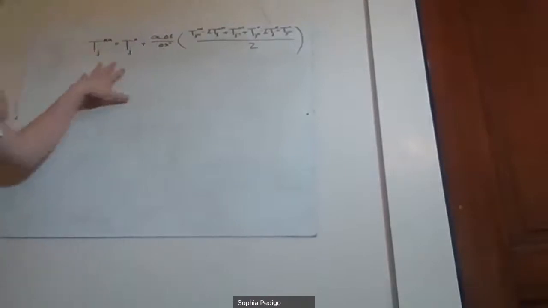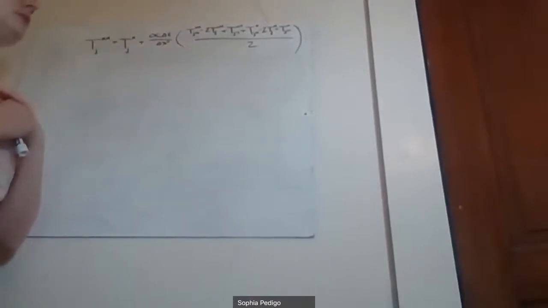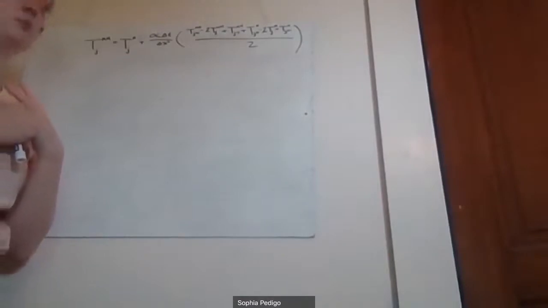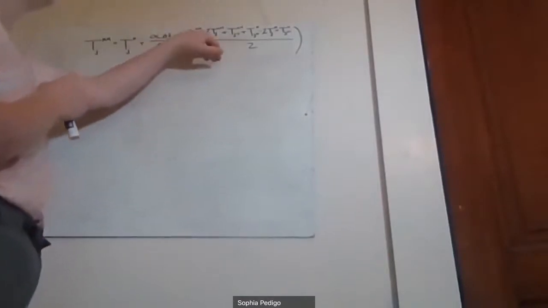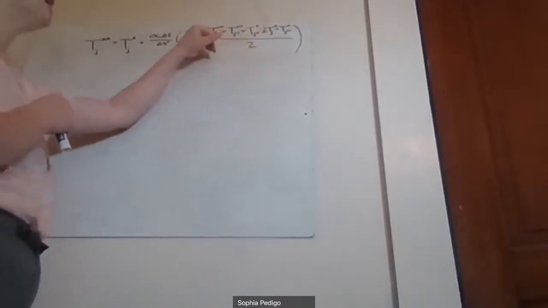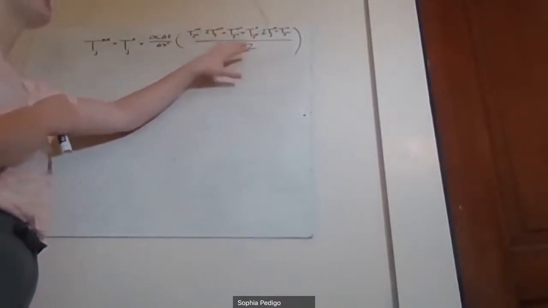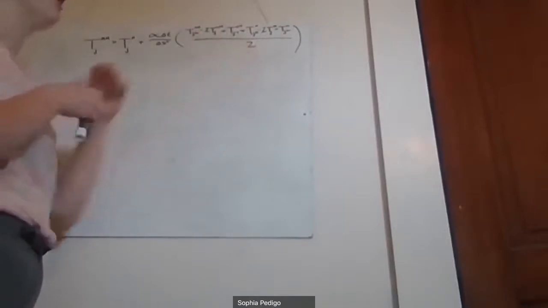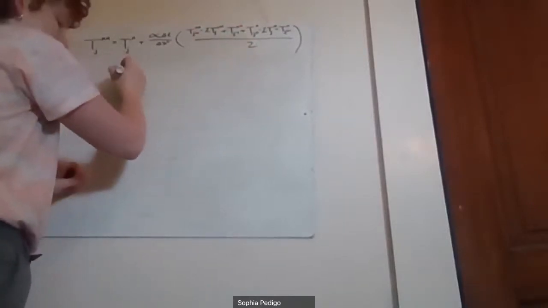So we've got this equation here, and it's very similar to the equation we used previously, except for the temperature profile, we're taking the temperature of the specific node that we're at, and we're also taking the average of, well, let me write it out.